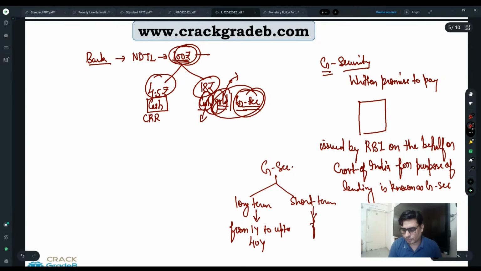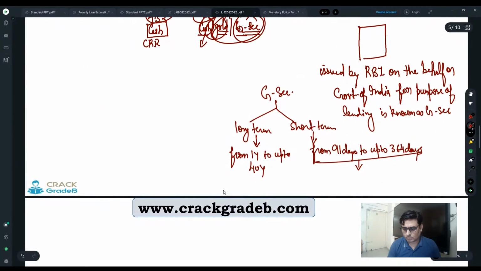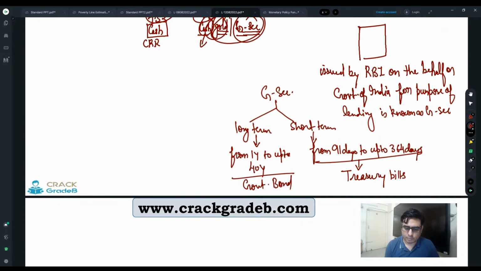Short term is from 91 days up to 364 days. So this paper in India is defined as Treasury Bills, and it is known as government bond, right? Government bond, and this is known as Treasury Bill.